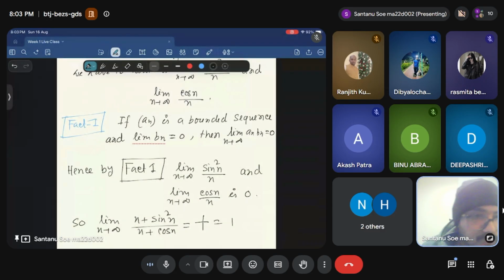Is this clear to everyone? Please tell me if you have any doubts. As I said earlier, you can just write in the chat if you don't want to speak. Or you can just put thumbs up if you have understood. So that means Binu has understood, Divya Lochan has understood.